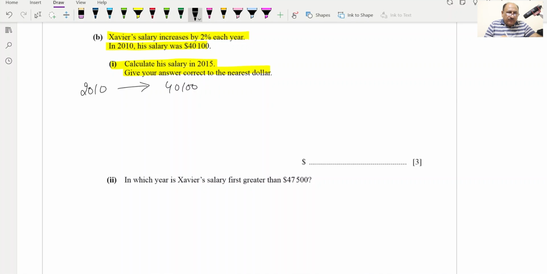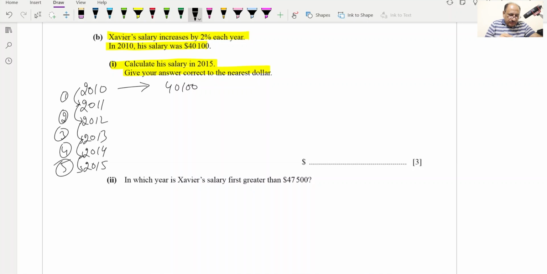So if we check how many years it will be from 2010, 2011, then 2012, 2013, 2014 and 2015. So it will be 1 year, then 2 years, 3 years, 4 years, and the total will be 5 years.